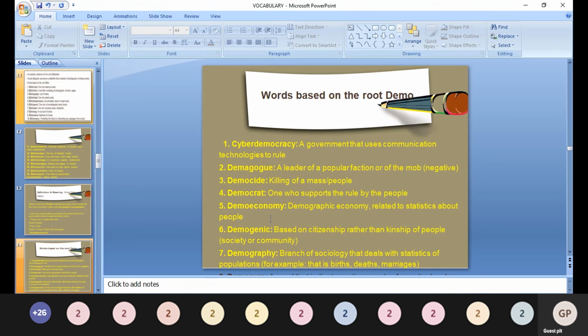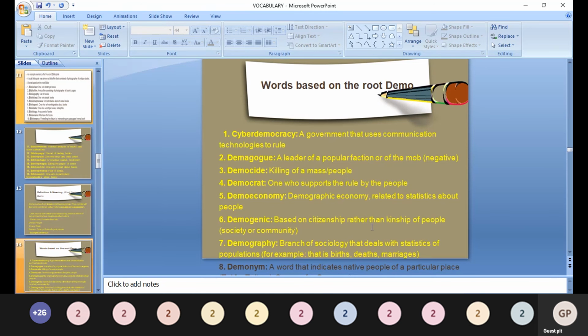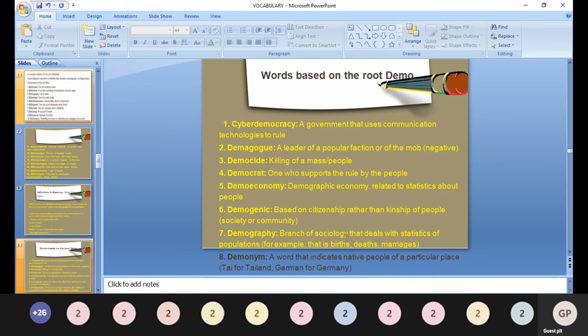Demography, a branch of sociology that deals with statistics of population. Demonym, a word that indicates the native of a particular place. When you talk about the native of a particular place, you use the word demonym.